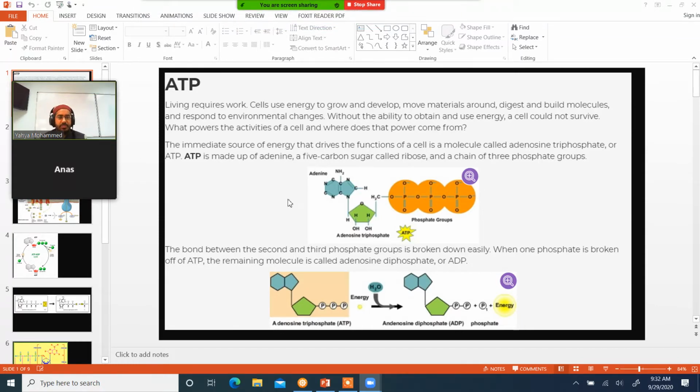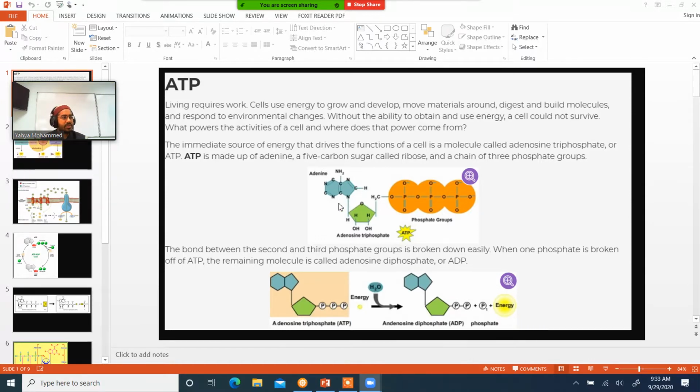In ATP, you see this adenine. This is what we were talking about when we were talking about nucleic acids. Do you remember DNA and RNA, those hexagon and pentagon kind of structures put together? This was one of those parts of a nucleic acid nucleotide, so that's where this comes from.